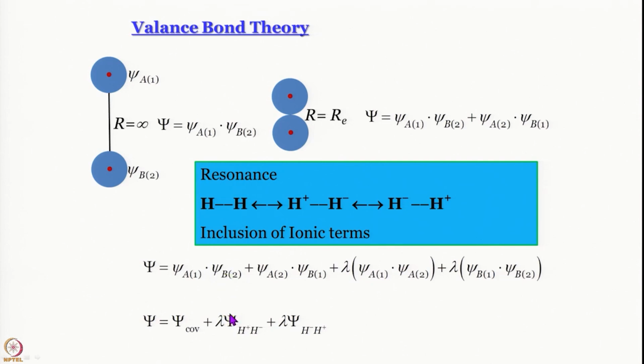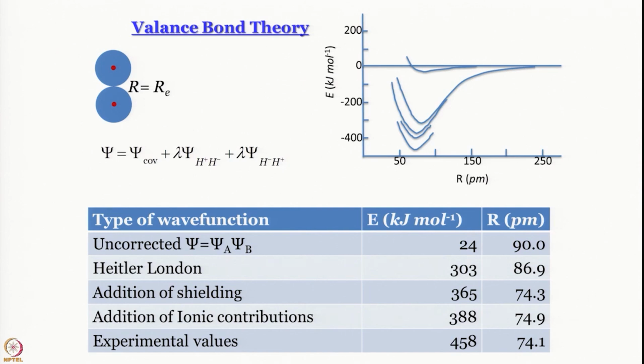Their contribution cannot be too much, because in H2 you do not really expect it to be H plus and H minus to a very great extent, but it is not as if it makes no contribution. As we have discussed, as we keep on correcting the wave function, even addition of ionic contributions takes the energy down from 365 kilojoule per mole to 388 kilojoule per mole, whereas the experimentally observed value is 458 kilojoule per mole, which is as good as it gets.